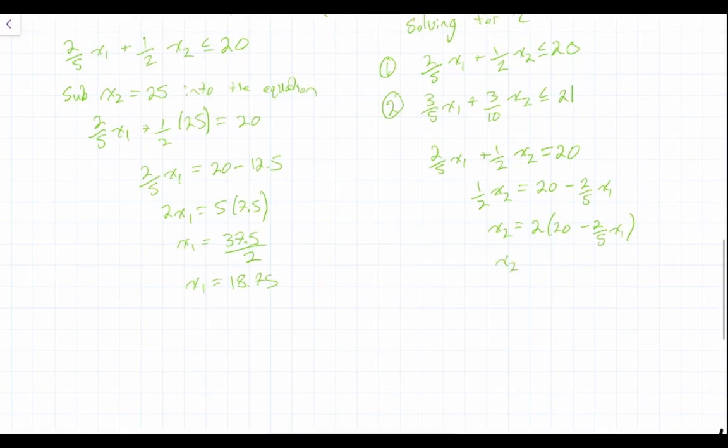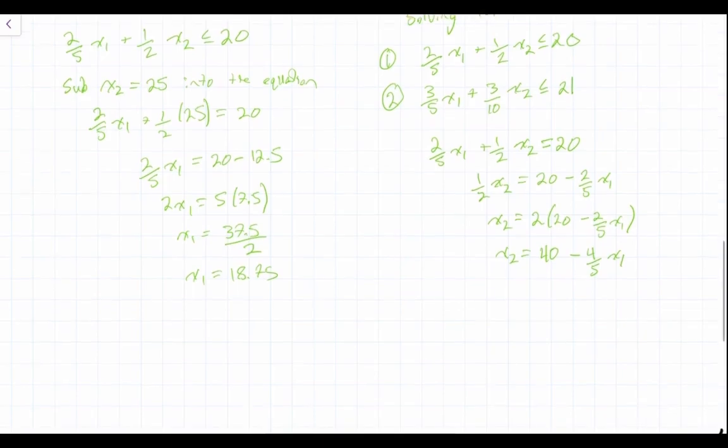So x2 is equal to 2 times 20, which is 40, minus 2 times 2/5, which gives us 4/5 of x1. So from there, we're going to sub x2 into equation 2.